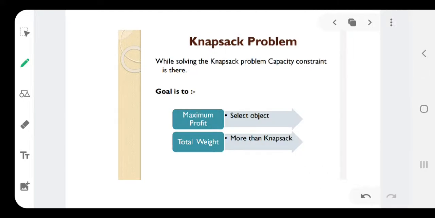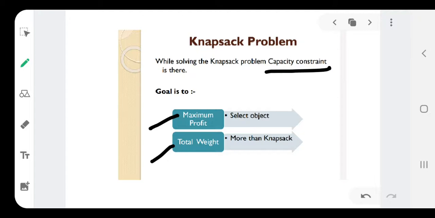So, while solving this knapsack problem, we have a capacity constraint. The goal is that we should get the maximum profit. In order to get the maximum profit, we have to choose only those objects that give the maximum profit. The second constraint is the total weight.